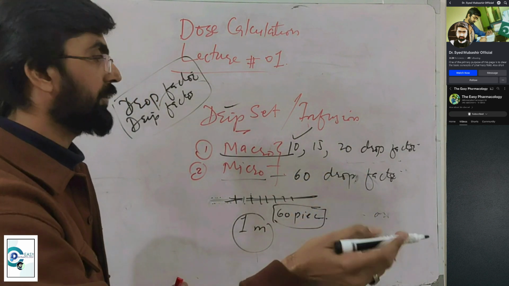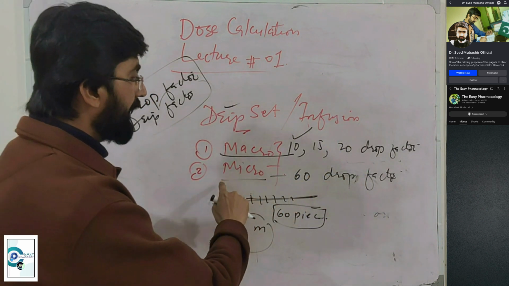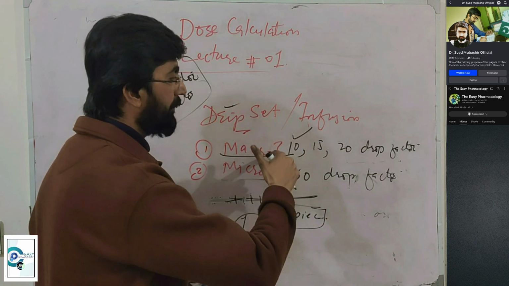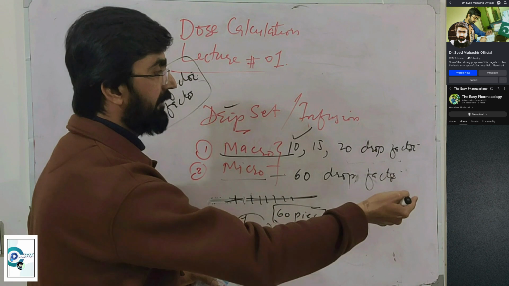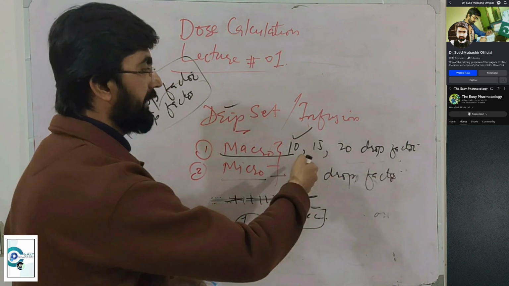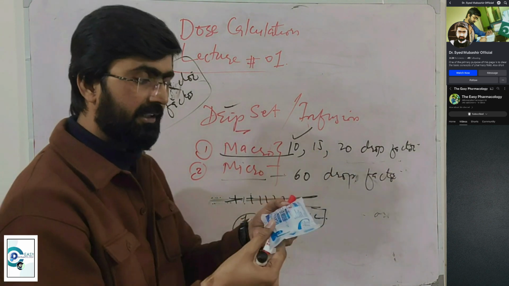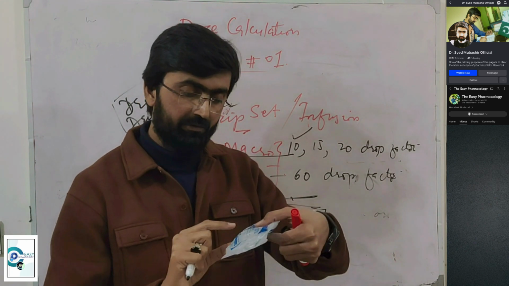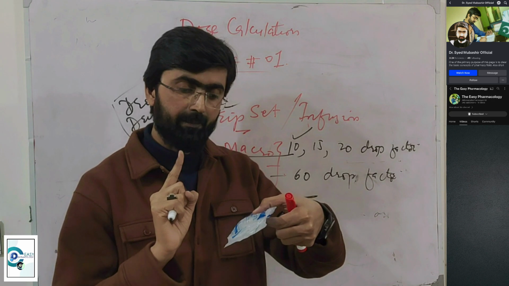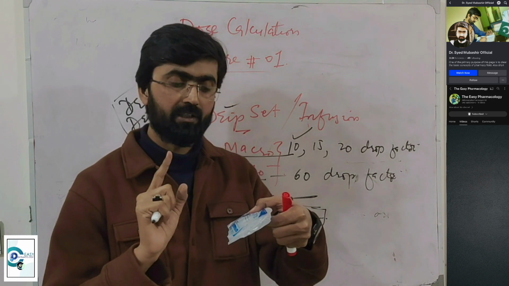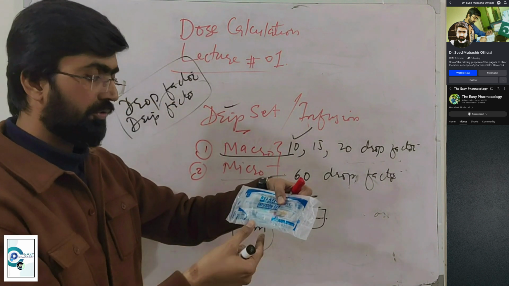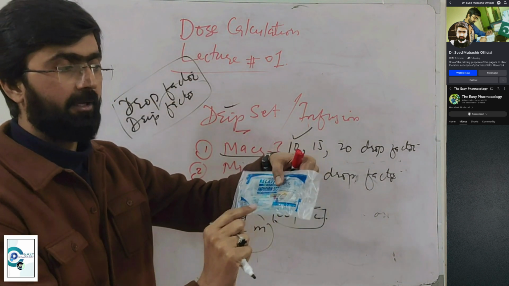You can understand this: micro means 60 drops from 1 ml, and macro means 20 drops per 1 ml, or 15 drops, or 10 drops. So this is one type of macro drip set, and it will deliver 20 drops from 1 ml, meaning 20 drops are equal to 1 ml. In other drip sets you will also see such a reading.